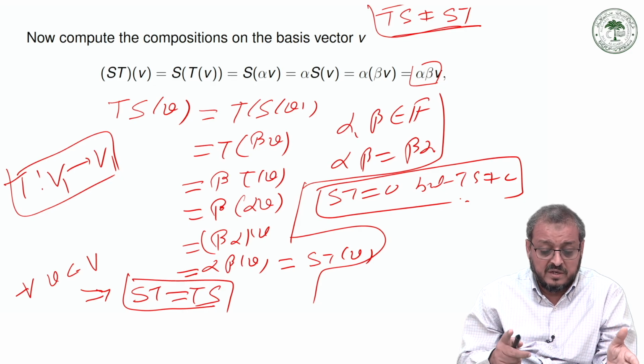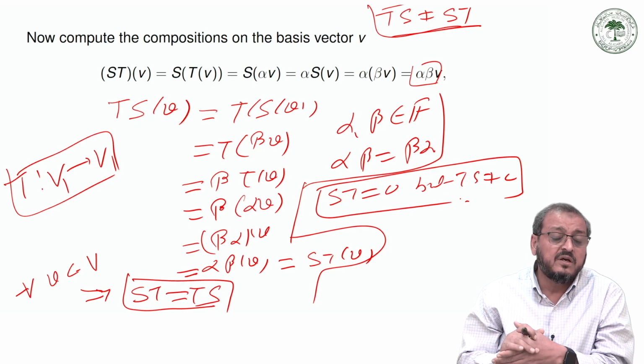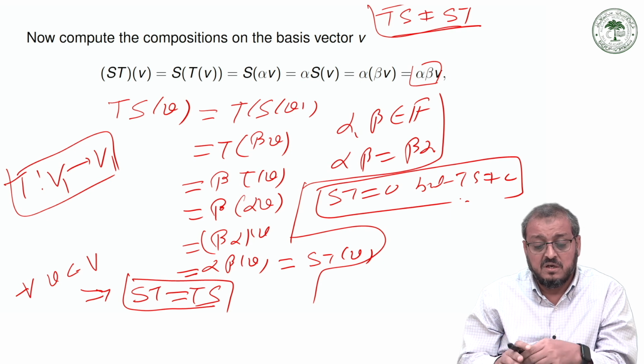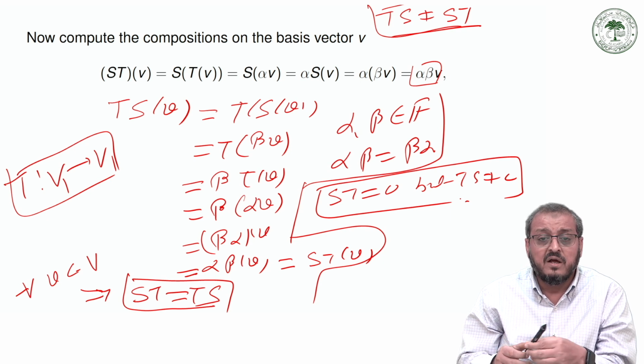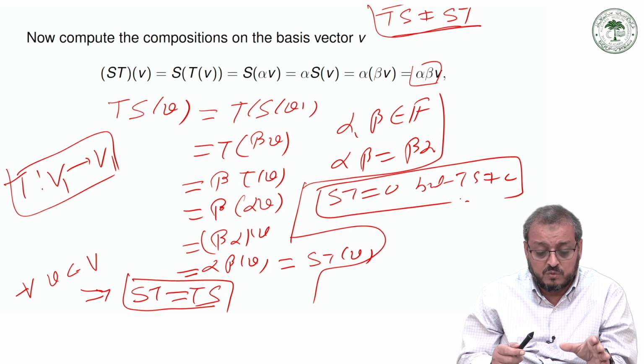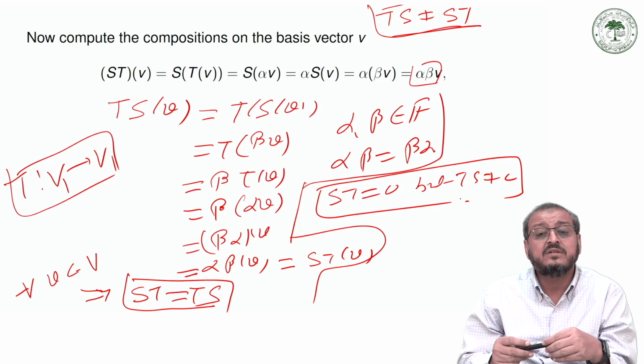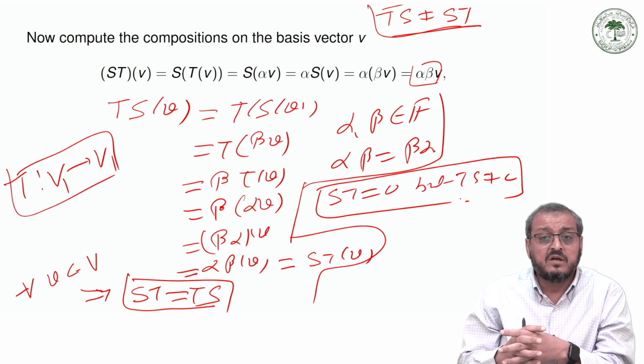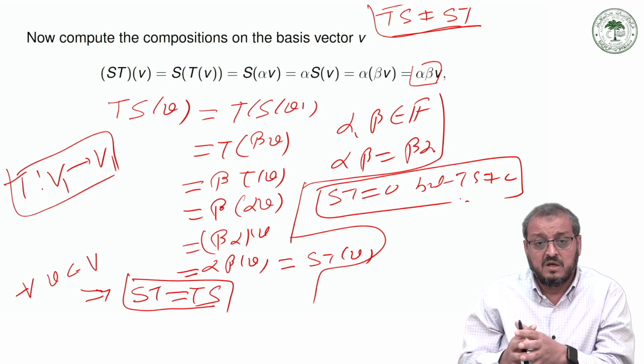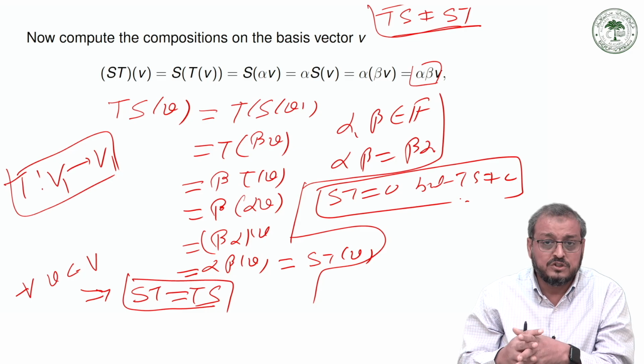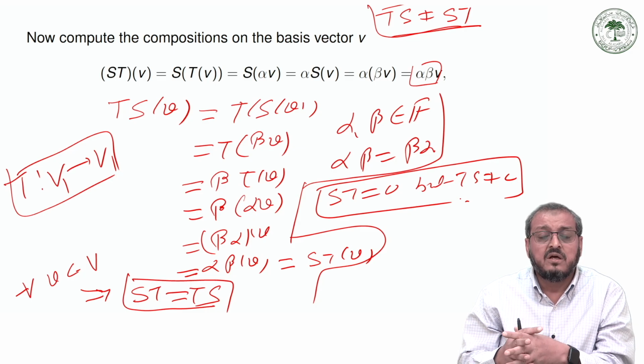So I just stop today's class at this point, and in the next class we try to discuss some properties of the composition of a linear map.